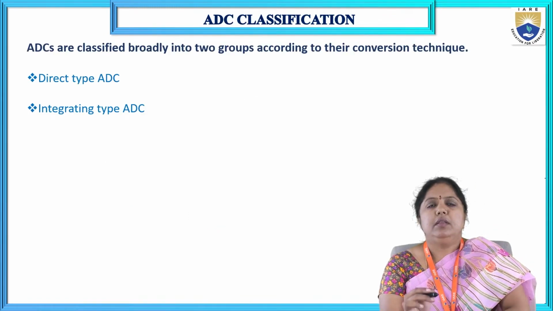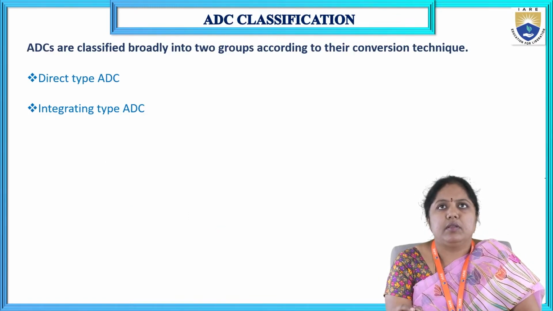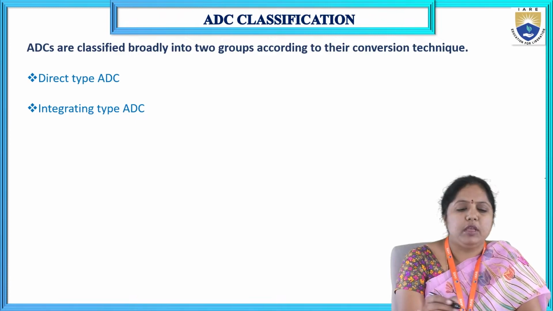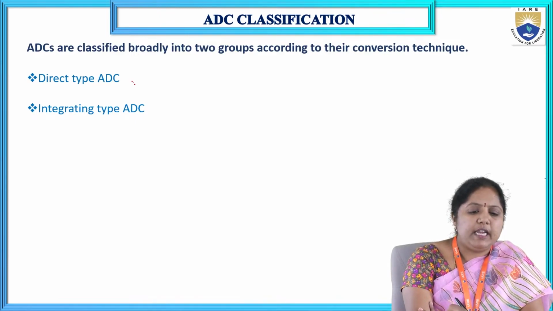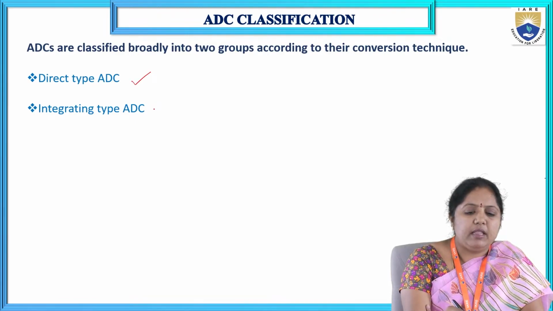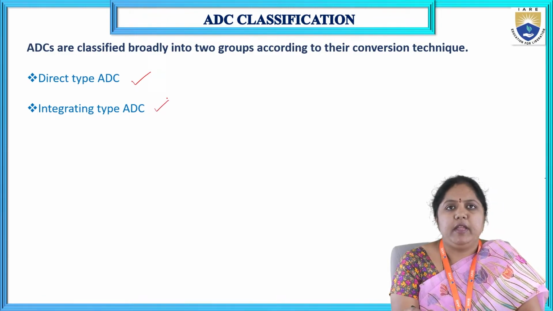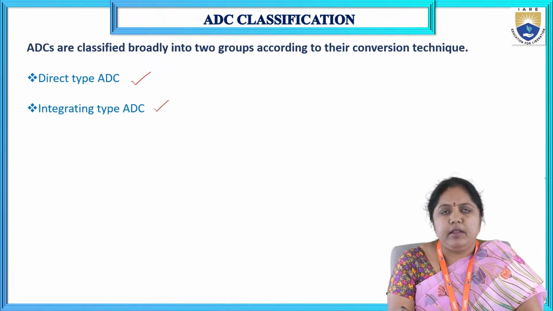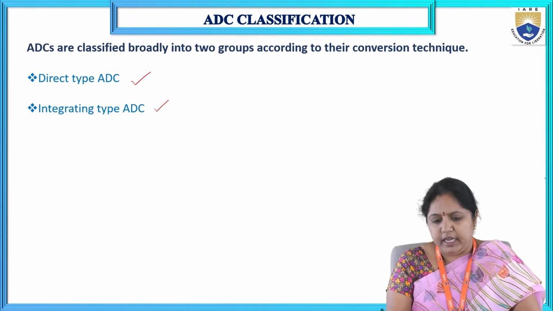The analog to digital converters, that is, the conversion techniques, are classified into two types. The first is the direct type ADC and the other is the integrating type of ADC. Let us see what the direct type ADC and the integrating type of ADC are.